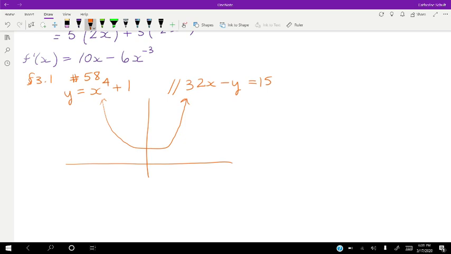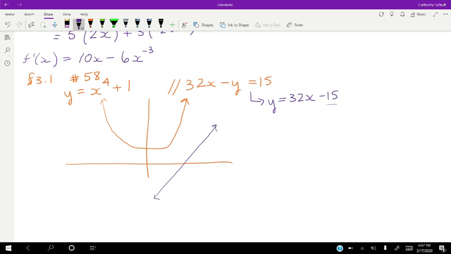32x minus y equals 15. I like to put things in slope-intercept form when I'm trying to graph. So I'm going to bring the y over to the other side. I'm going to bring the 15 over. So just rearranging terms. So the y-intercept is negative 15 and a very steep slope, right? So maybe something like that, for instance. All right, an approximation, right?